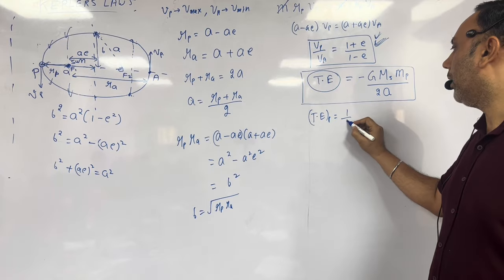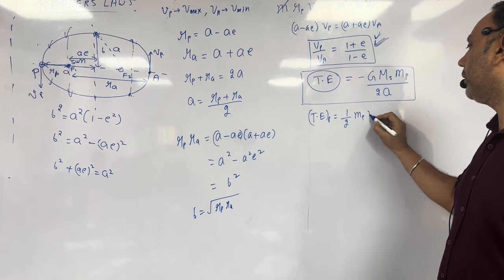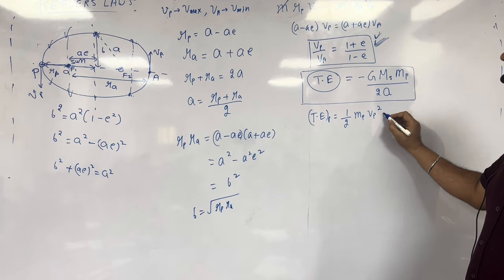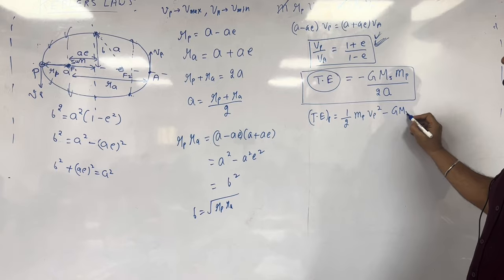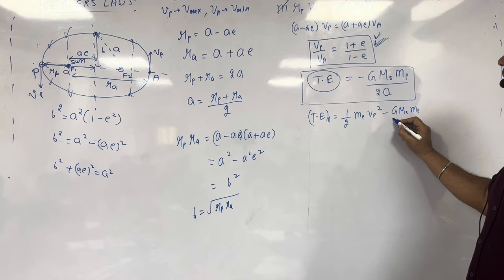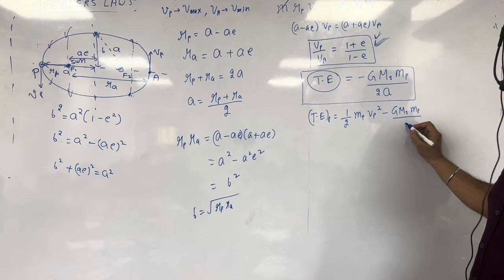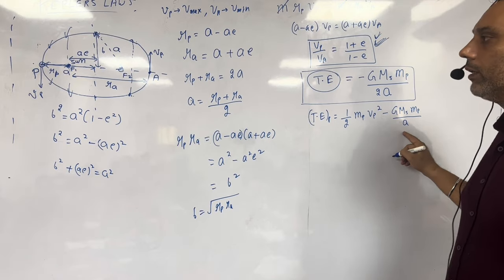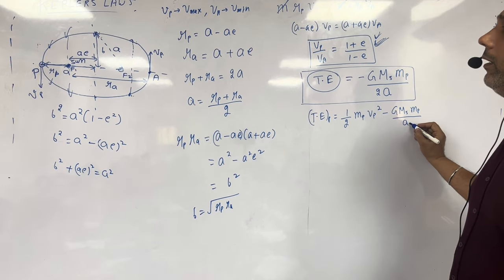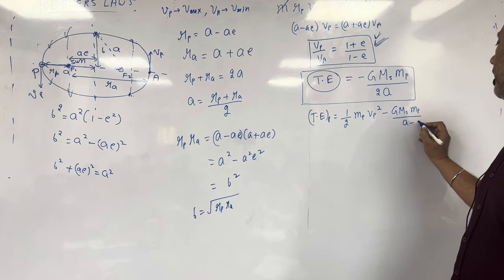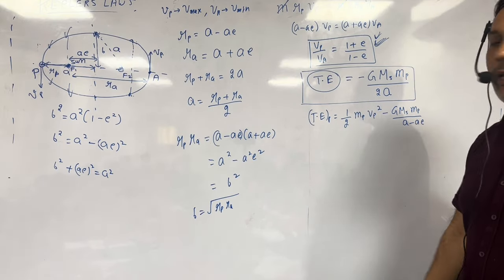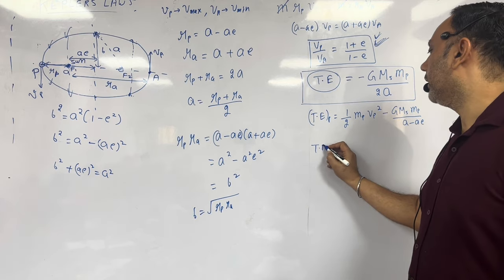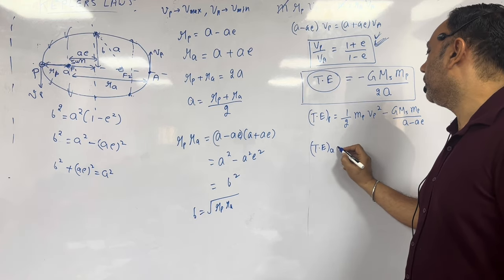Kinetic energy, half into mass of planet into Vp whole square, and potential energy minus G mass of sun, mass of planet, divided by what, beta? A. Potential energy is G m1 m2 by R. Not A, sorry. A minus AE, so Rp basically. Right, beta? Okay.